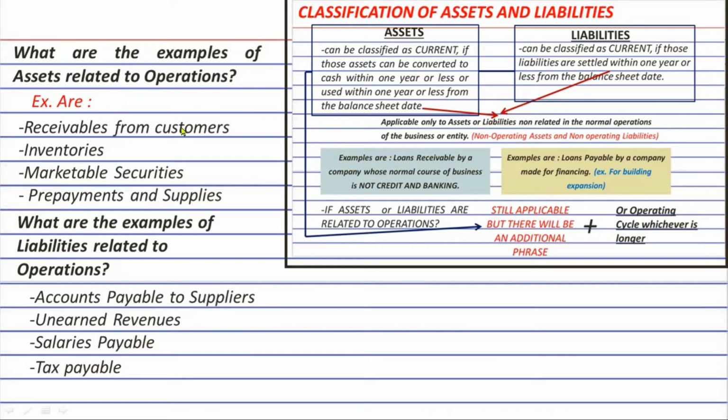Those are the examples of liabilities related to operations. So, these here are all the examples of assets and liabilities related to operations. Okay? I hope the distinction between these here, the assets and liabilities not related to operations, and these here are clearer for you. So, up next, we will answer the question, what is the operating cycle?